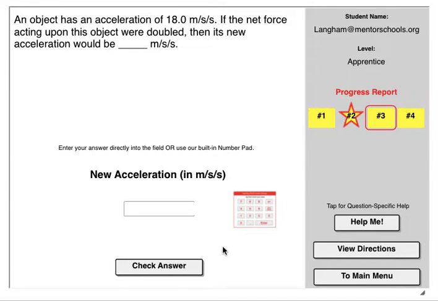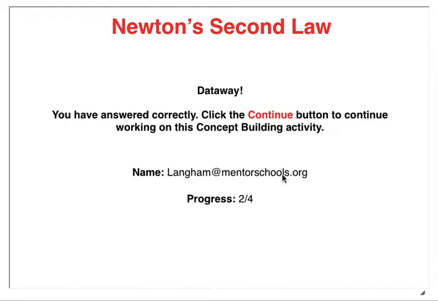So if the net force is doubled, the acceleration is also going to be doubled because that's a direct relationship. So this 18 meters per second squared is also going to be doubled. That's going to be 36. So pretty simple.